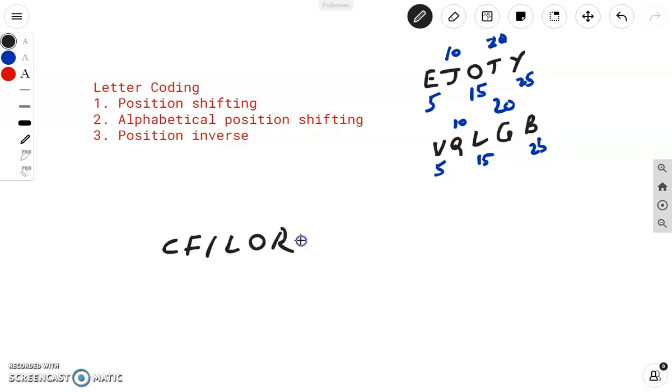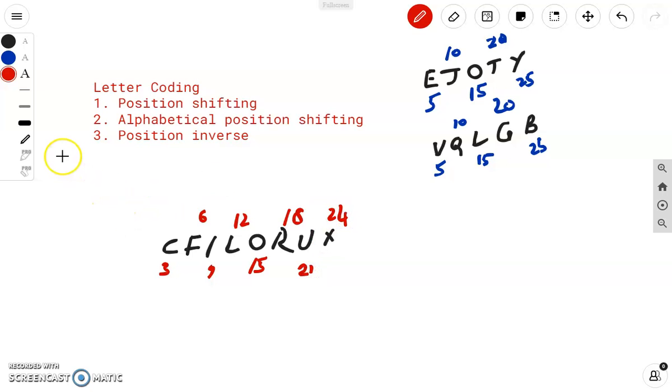This is actually the order of 3, which can be easily remembered because it is the 3rd letter, 6th letter, 9th letter, 12th letter, 15th letter, 18th letter, 21st letter, and 24th letter.